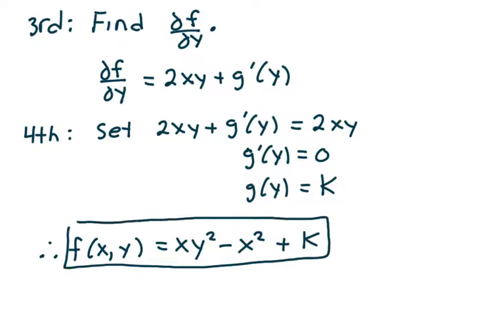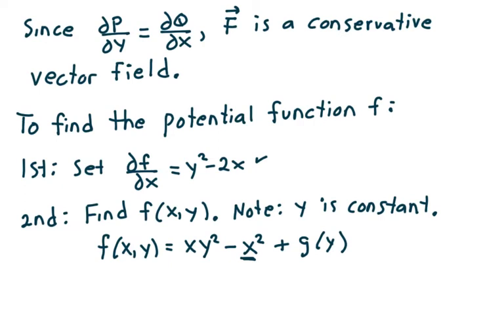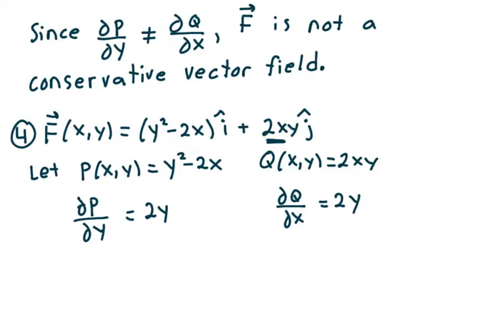Now, what's a way to check? If I take the partial of f with respect to x, I should get the first component. If I take the partial of f with respect to y, I should get the second component.